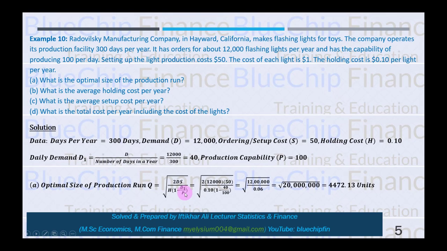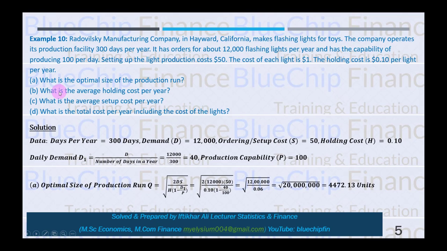In the case in which daily production capability is given, you should use this formula instead of 2DS by H. So 2 multiplied by D, which is 12,000, and S is 50, divided by holding cost 0.10, multiplied by 1 minus d1, already calculated as 40, divided by production capability, which is 100. Finally your answer is 4472.13 units. So that is the optimal size of production run.